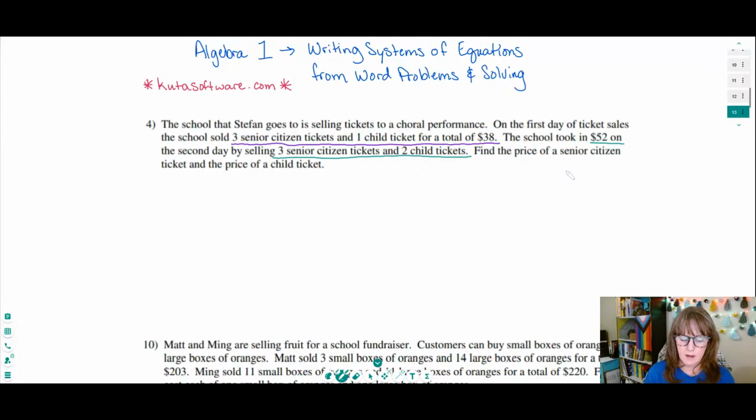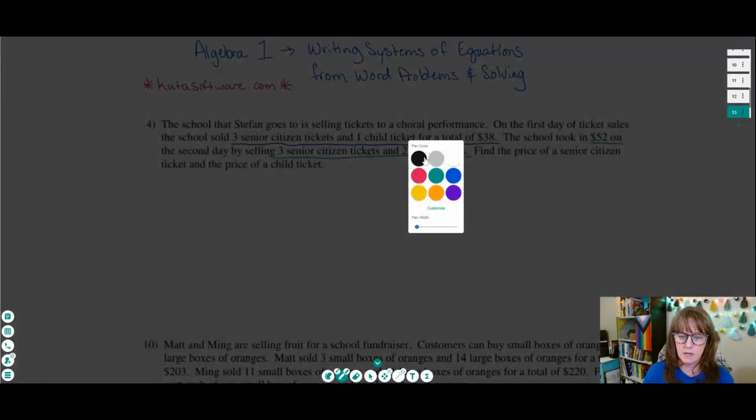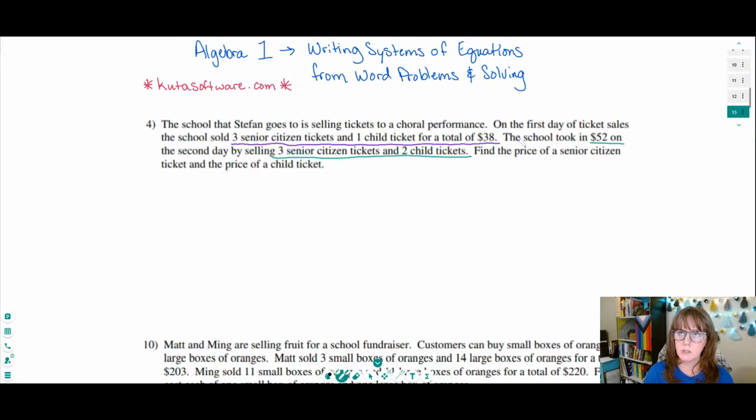The other thing that I wanted to mention is that a lot of times students don't know what to assign variables to. They know they need 2 different variables, but they don't know what those variables stand for. So an important part of writing systems of equations is just identifying what does your X and Y mean? What does that represent? And you can use whatever variables you want.